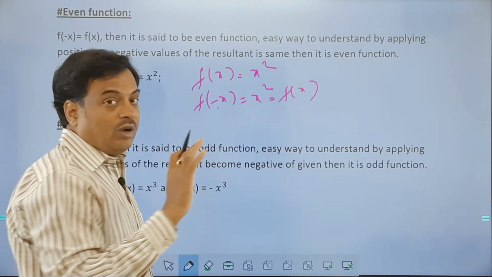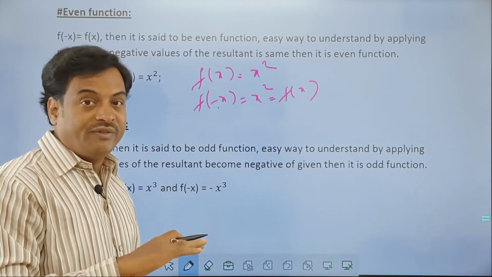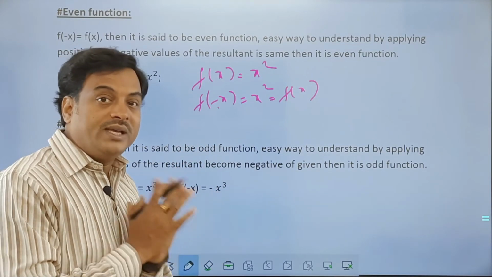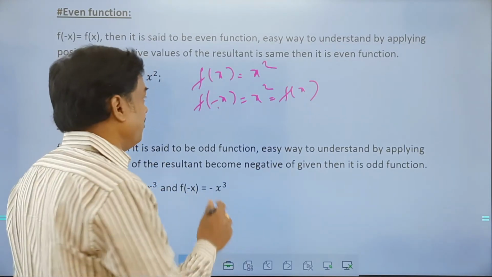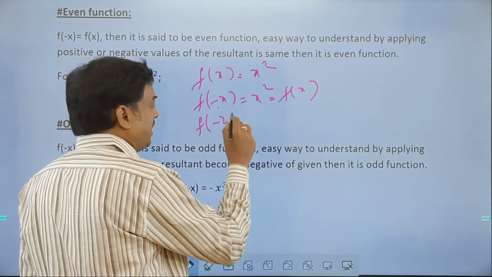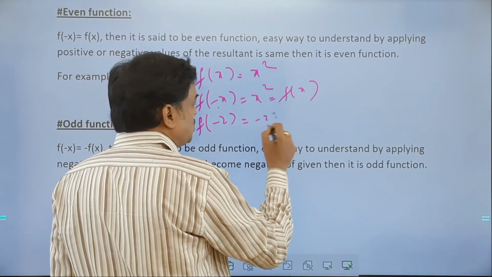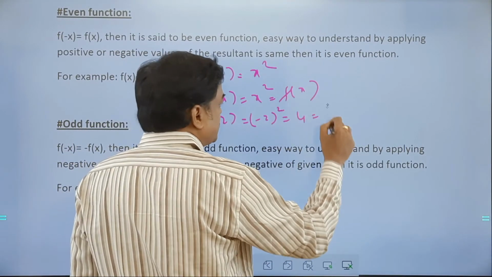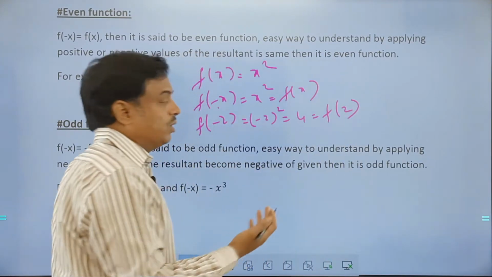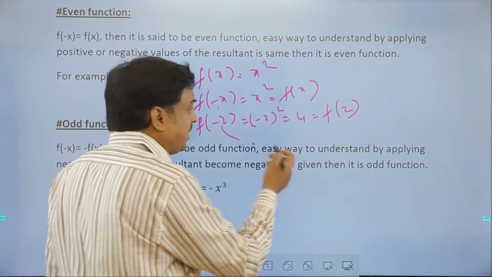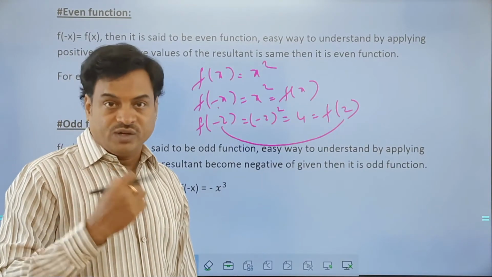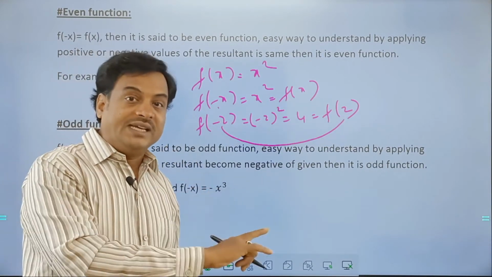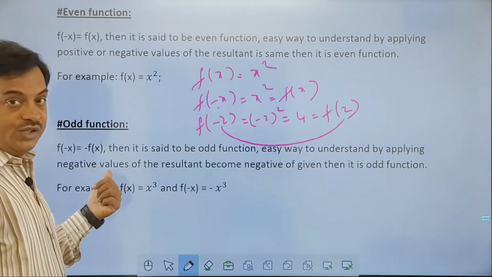That means whether you apply a negative or a positive value, if the value always remains the same, then it is called an even function. For example, f of minus 2 is equal to minus 2 whole square, which is 4, which is also possible by taking f of plus 2. So f of minus 2 and f of plus 2 both have the same value, then we can call it an even function. If the sign changes, it is said to be an odd function.